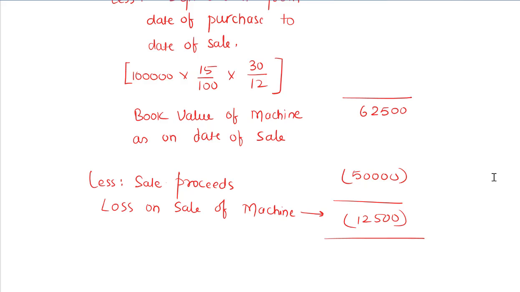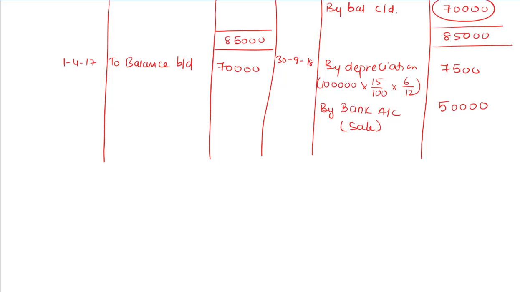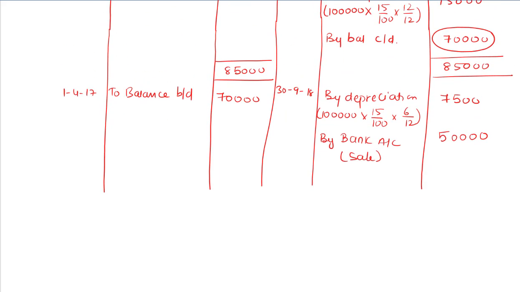We incurred a loss of 12,500 on this sale. This loss needs to be recorded in the machinery account.